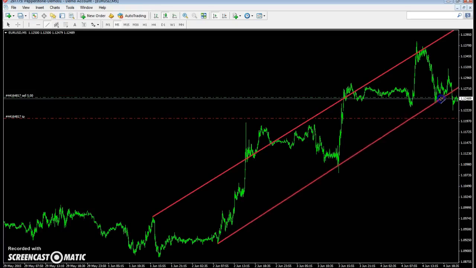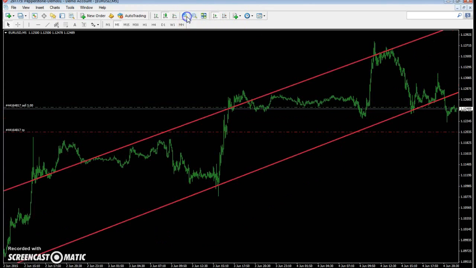I think the overall channel is going to be right here on this wick, or it might be right there. Yeah, I think that looks the best right there. It didn't quite make it to that low. This pretty much captures all the lows, and it did recently just break the trend line.